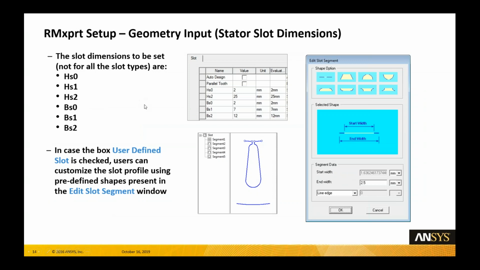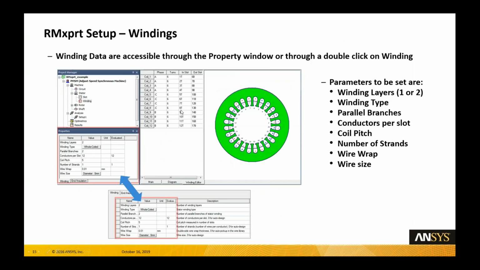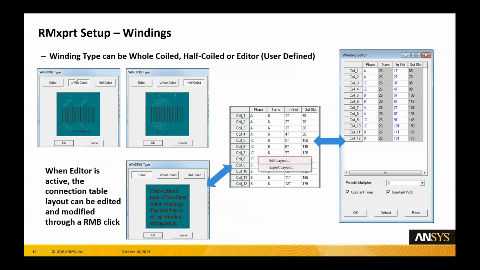Other geometry setups: this would be the dimensions of the slot. For windings, we can manipulate the parameters as well, as for phase A, how many turns, and so on. Winding type can be whole coiled, half coiled, or additive.